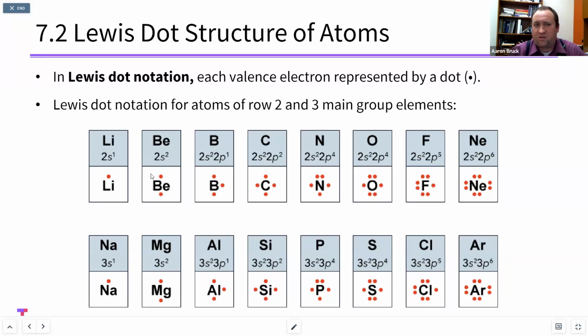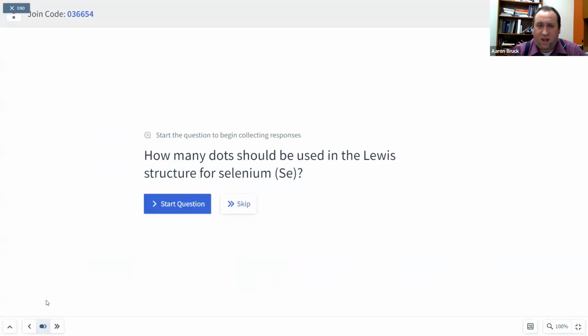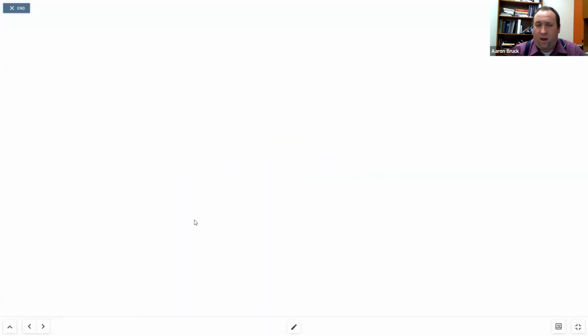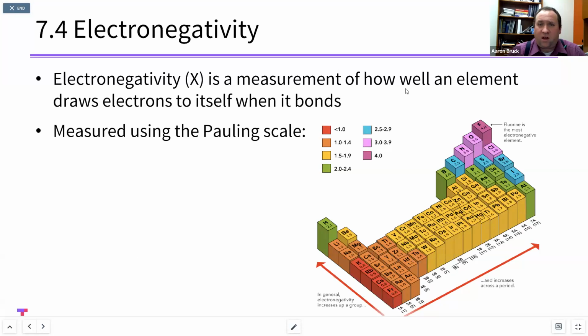The Lewis dots, remember, tell us how many valence electrons there are in a given atom. That gives us some idea about how the atom is put together and what kind of bonding it's capable of doing. Then we talked about electronegativity: when an atom forms a bond, how well does it draw electrons to itself?